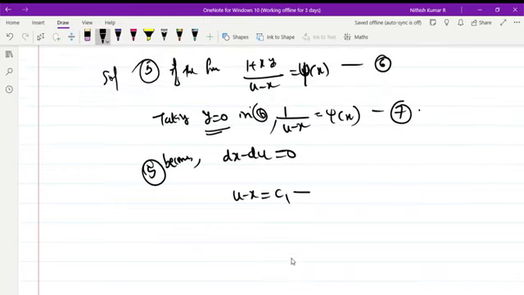Now taking y equal to 0 in equation 6, we get 1 by u minus x is equal to xi of x. Take this as equation 7.